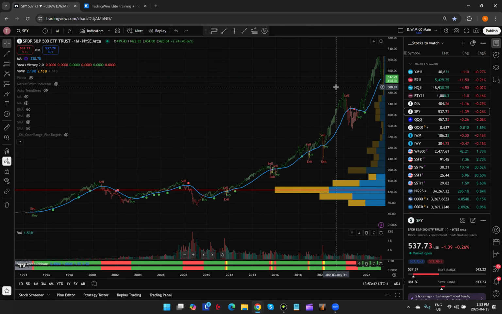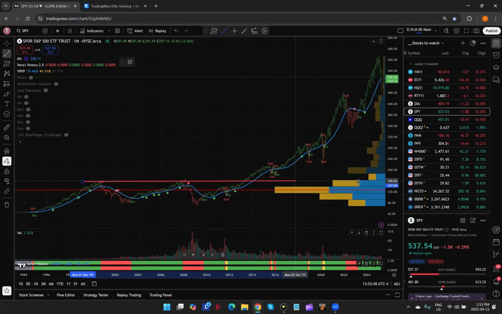You get that period where you get higher inflation with lower growth. We may come back to this level here, the 160 area on the SPY. Now, yes, that's very dramatic right now, going from 537 where we are to 158, 160 here. I mean, we're talking about a massive crash.